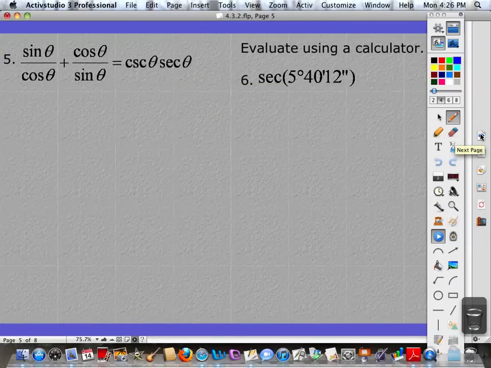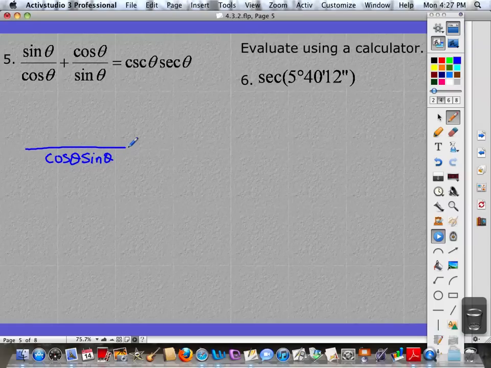Right, number 5, we've got a fraction. Okay. The fraction would be the more complicated side. In order to add fractions, they have to have common denominators. So in this case, on the left side, the common denominator would be cosine theta times sine theta.